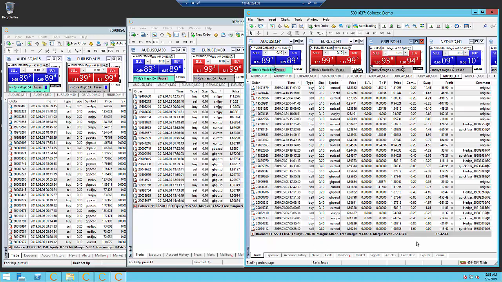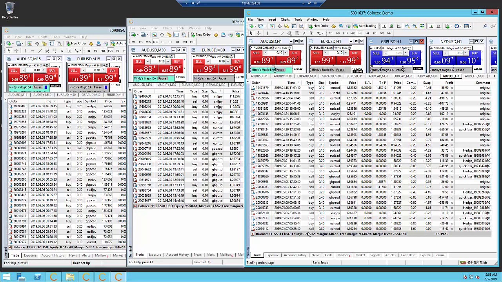Okay? So anyway, every day that the account books more profit, the negative PL becomes less and less of an issue. And it will get to the point where the equity balance will stop going down from where the account started trading. Okay? Now, a couple of weeks ago, the account had positive equity balance.